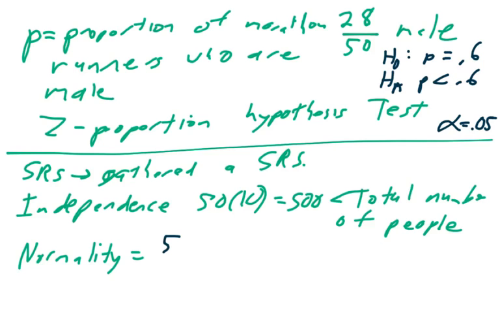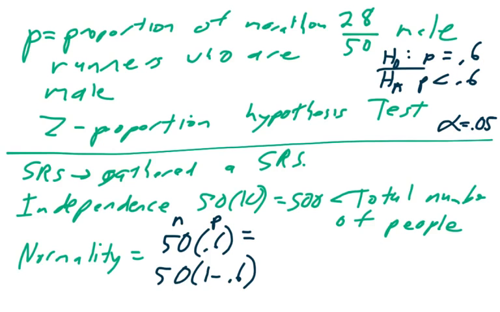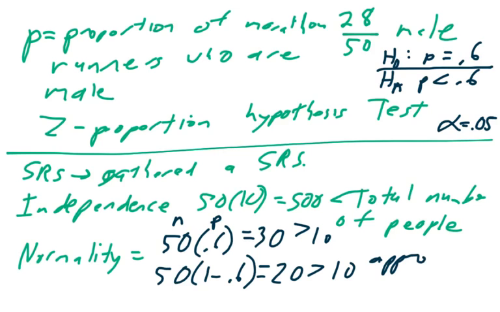So for normality, we're doing 50 times 0.6 and 50 times 1 minus 0.6, because we're using n times what we assume P to be, because in all hypothesis tests, we assume that the null hypothesis is true. So 50 times 0.6 is 30, 50 times 1 minus 0.6 is 20, and both of these are bigger than 10, so we get something that is approximately normal.